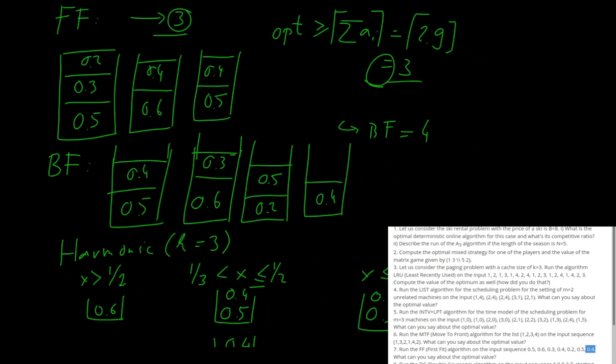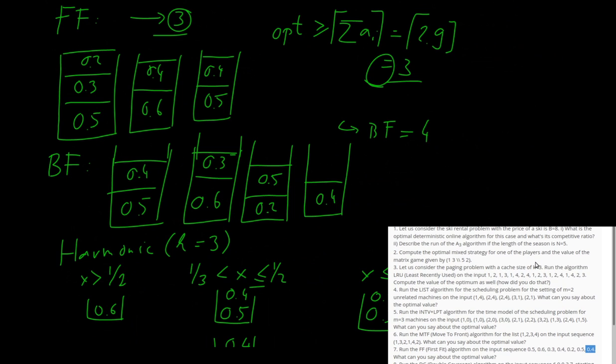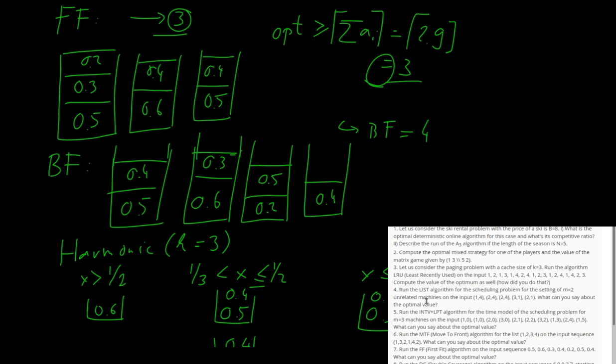And basically that's all. You won't have more tasks, and the task will look almost exactly like this, but in this case, it's either unrelated or parallel or just the simple case. Here it's either int_v plus LPT or the online LPT problem. Here it's either first fit or best fit or next fit maybe.